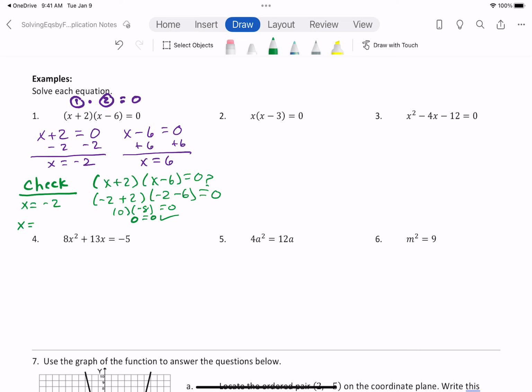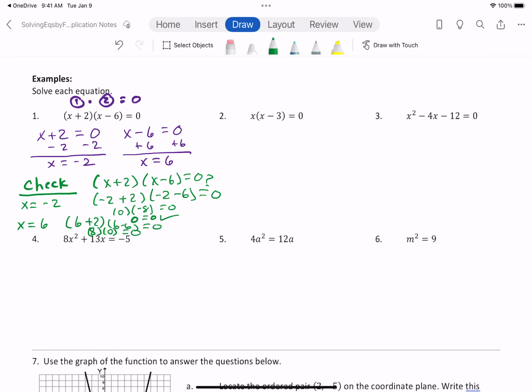So if we check x equals 6, this time we will replace the x in the original equation with a 6. So this time we're going to get 8 times 0 equals 0.